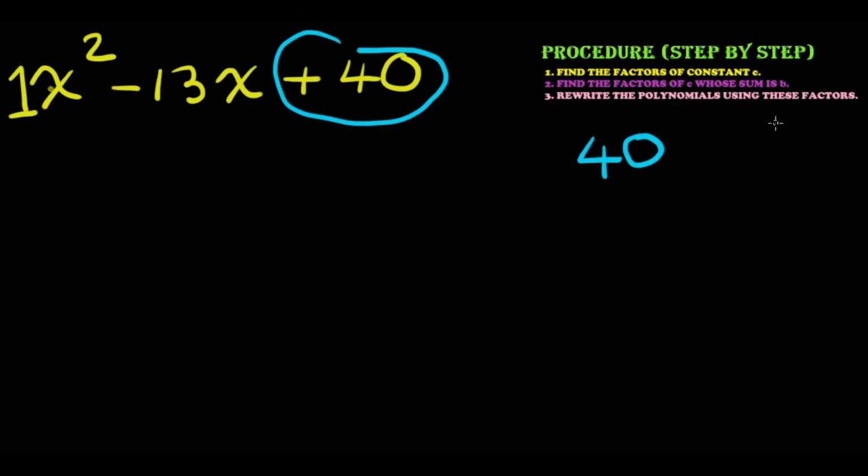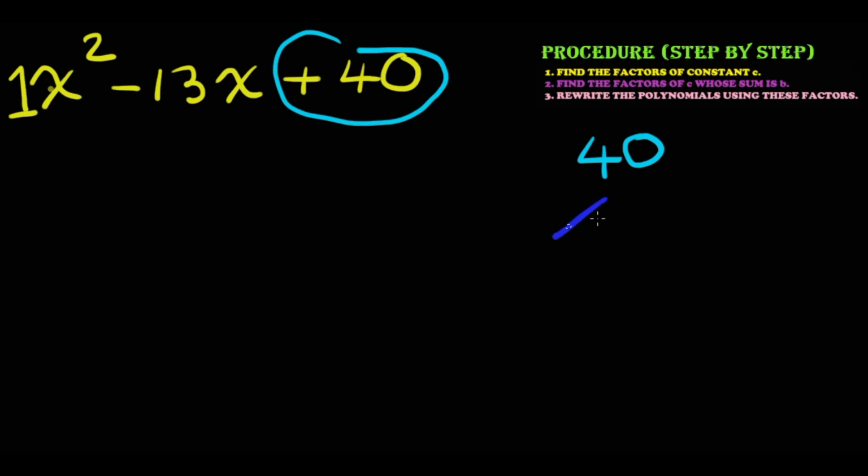So think of factors of 40. What two numbers multiply to get 40, but when you add them, it comes out to negative 13? Now because you're adding to negative 13, you're going to need two negative numbers. Because negative times negative is positive, and then negative plus negative stays negative.